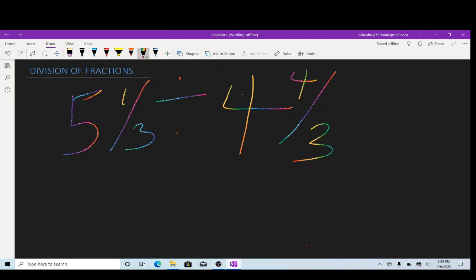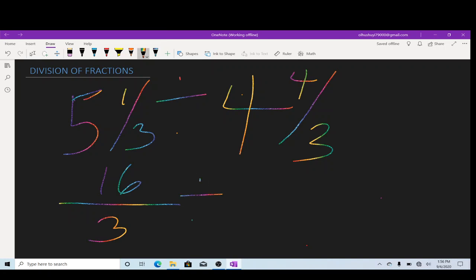First and foremost, like I said in the subtraction of fractions, when you have whole numbers, you cannot divide the whole numbers then divide the fractions. You have to carry them along. So what you do here is change each of them to improper fractions. 3 times 5 is 15 plus 1, so you have 16 upon 3.